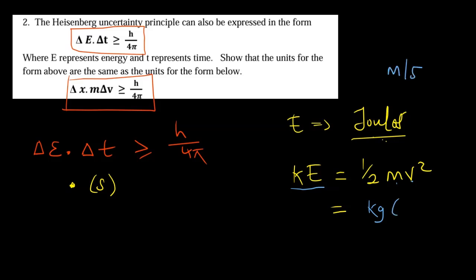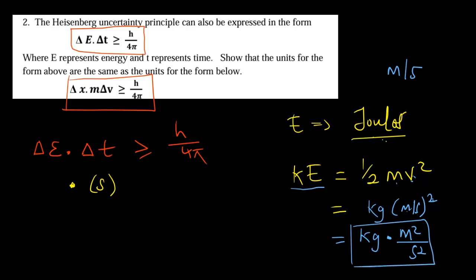So where there's v, I'm going to put meters per second, but since this v is squared, I also square this one. So the units for kinetic energy is just kg multiplied by m squared, divided by s squared. These units, kg multiplied by the meter squared and then divided by second squared, are what we call the joule.